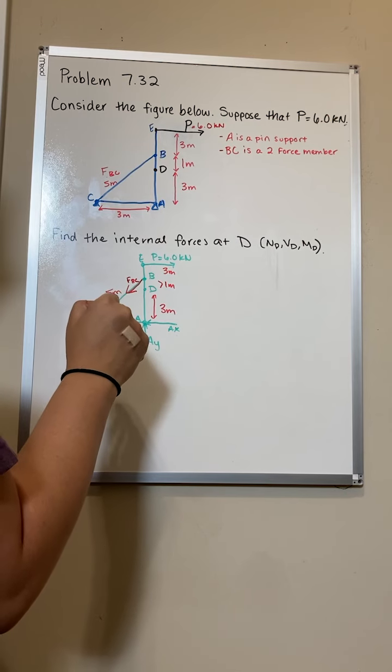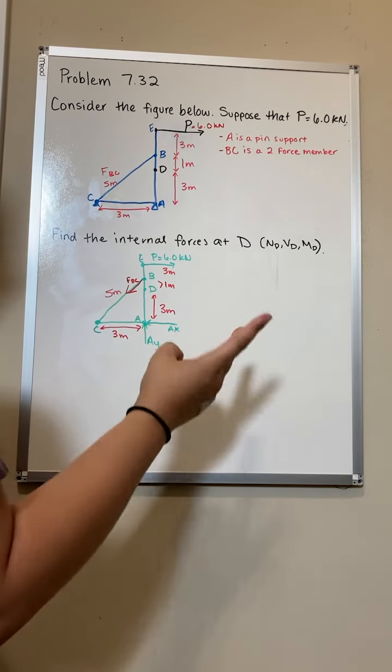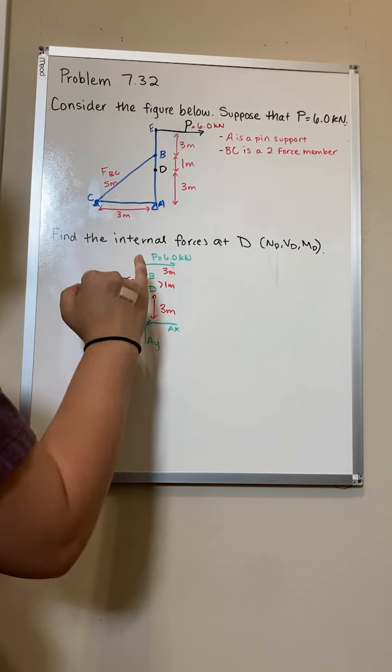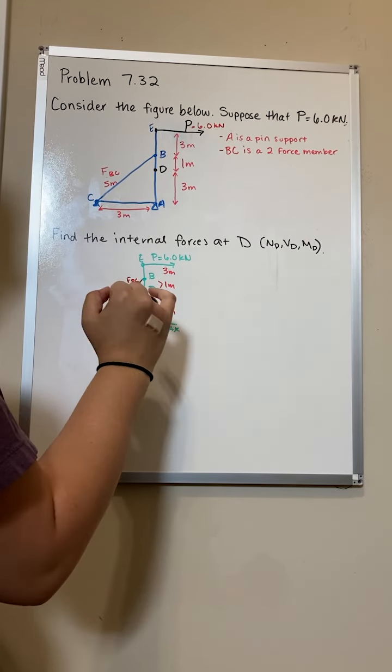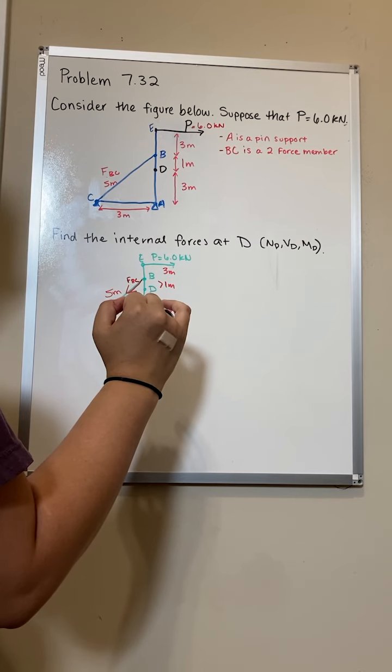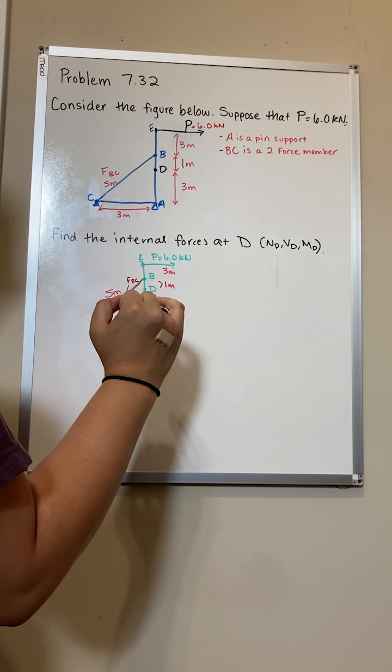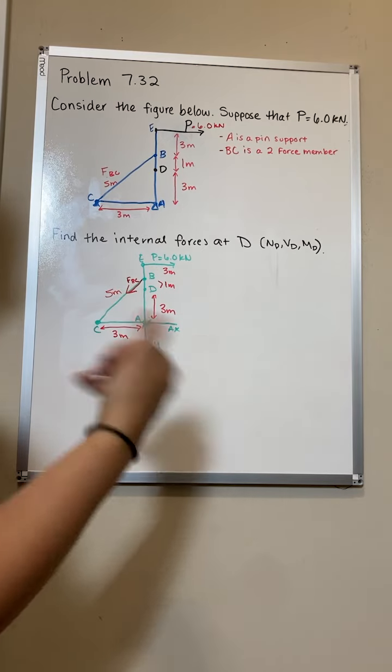So we have two unknowns and we can't solve. Same thing with the vertical. We have AY, and we have the vertical component of FBC, and we don't know either of those, so that's two unknowns, so we can't solve there.